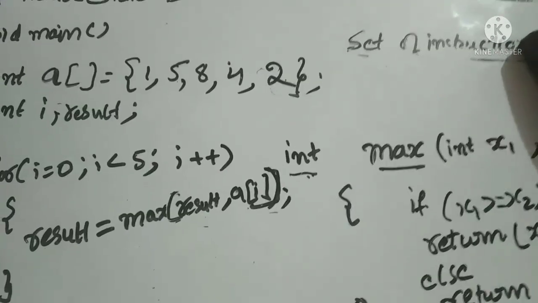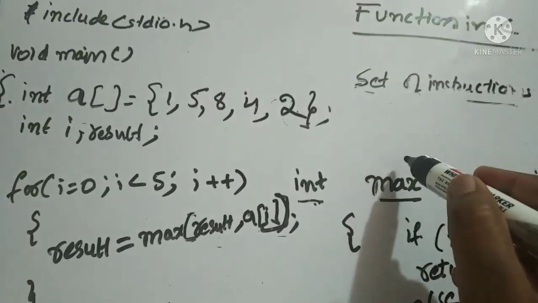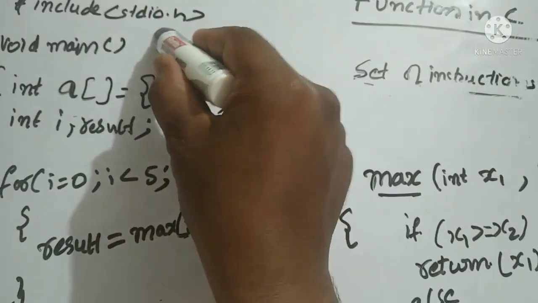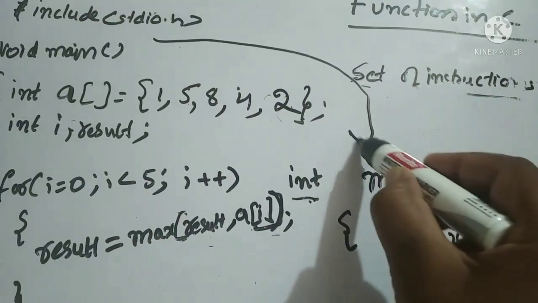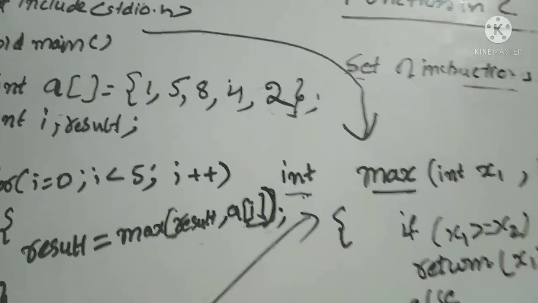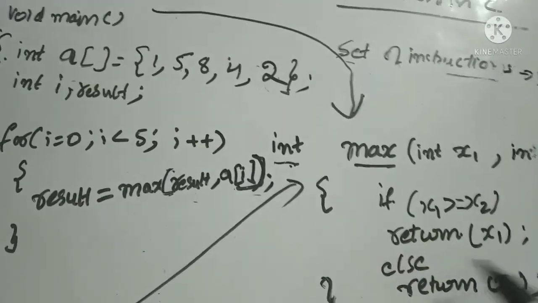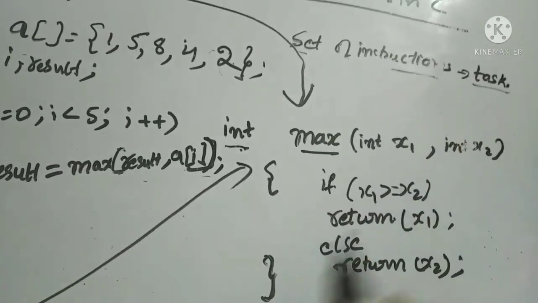So this function I have written, I can write either before main, in this position, or I can write the program after main. If I write it before main, there is no need of a declaration, I can directly write the function.